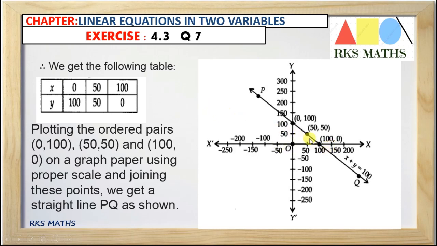That means this is the point here. Now when we join all these 3, we will get this line. This line represents x plus y is equal to 100, the equation we obtained. So we get a straight line PQ, and hence the equation is obtained. Our graph is made.